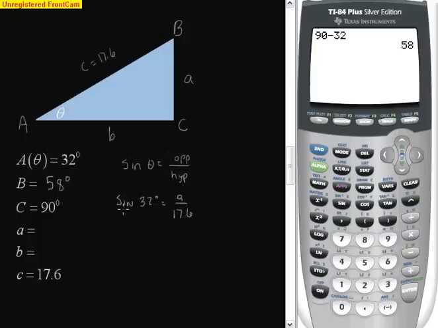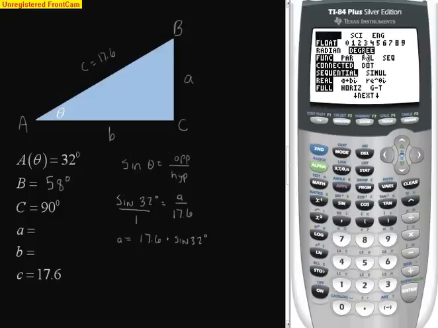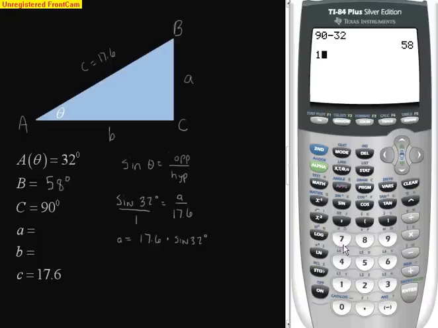Now to solve this equation, I simply cross multiply, and I get a is equal to 17.6 times the sine of 32 degrees. Now I have to make sure in my calculator that I'm in the correct mode, so I check that I'm in degree mode, which I am, and then all I have to do is put in 17.6 times the sine of 32 degrees, and I will get my length.